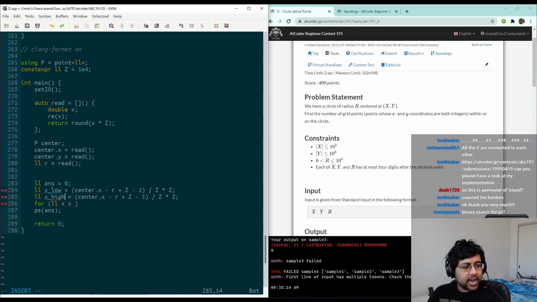And then for x high, we want to add r and round it down, which is a little easier.